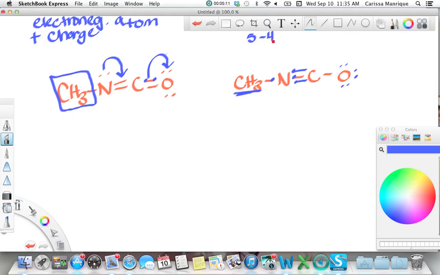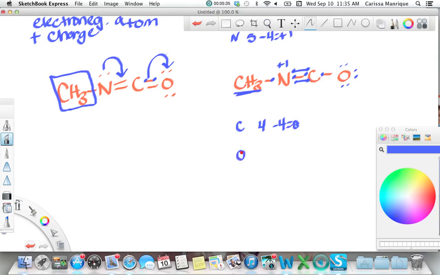So 5 minus 4, nitrogen has a +1 charge. Carbon should have 4 on the periodic table, and it's contributing 1, 2, 3, 4, so 4 minus 4 is 0. No formal charge, which you prefer.